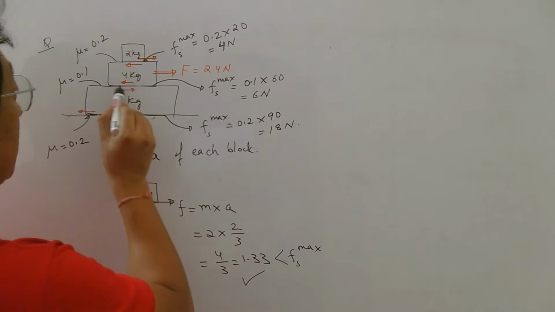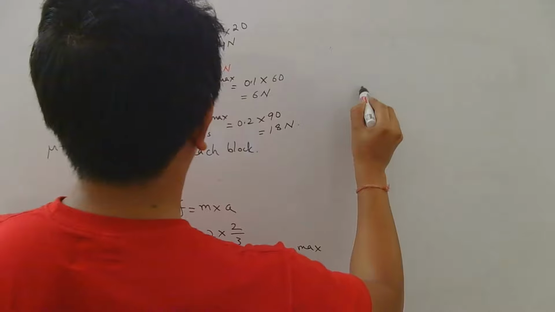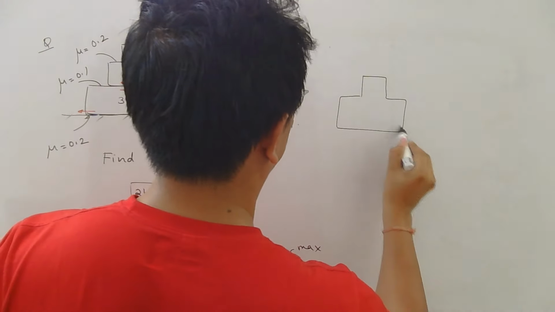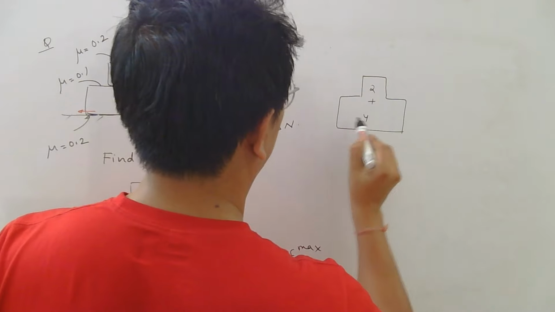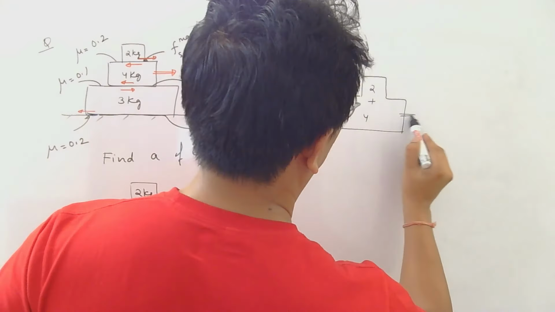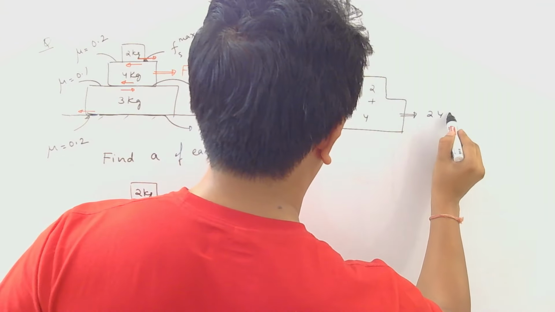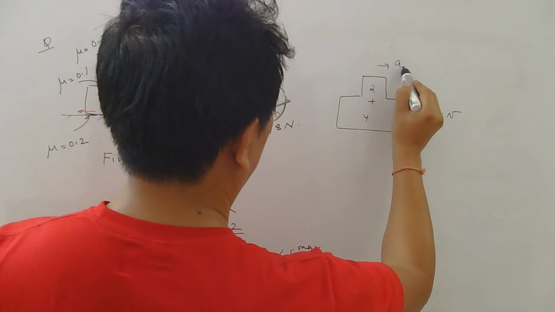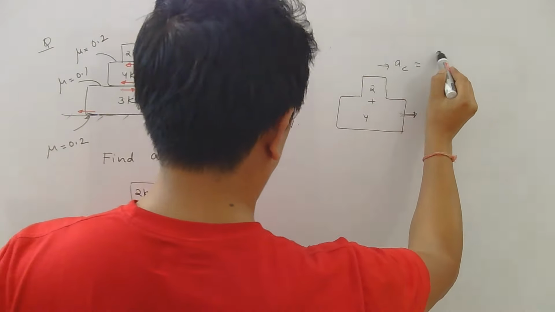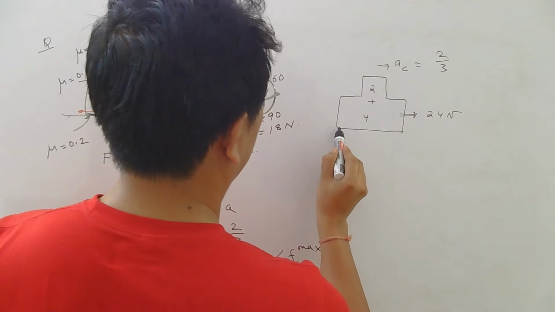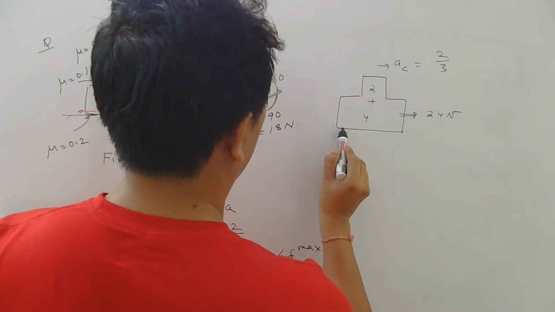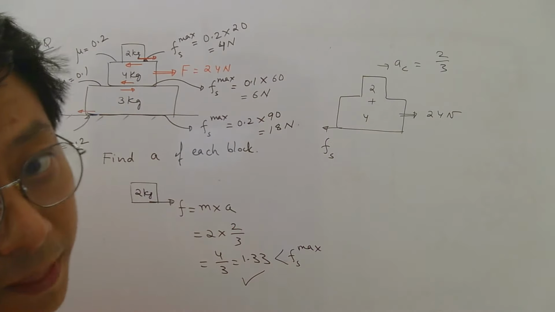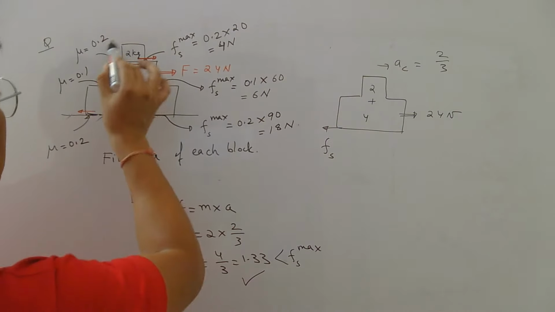To check for this surface, I will take the 2 kg and 4 kg blocks as a system. Here the applied force on the 4 kg is 24, and I am seeing all of them are moving with common acceleration 2 by 3, and here static friction is, let's say, Fs. That's the only force on this system, right?